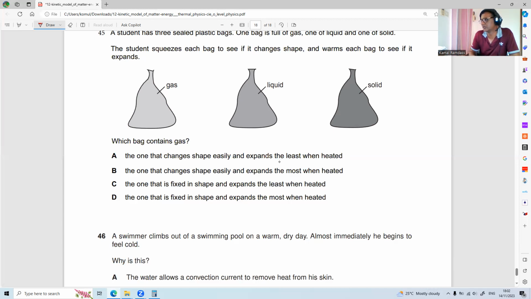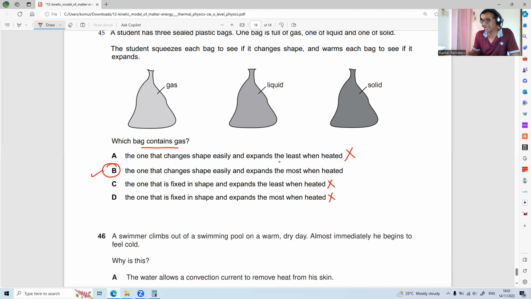No. The one that changes shape easily and expands the most when heated. It's fixed in shape? No, that is solid. Fixed in shape and expands the most when heated? No. The one that changes shape easily and expands the most when heated. B. B is the answer.